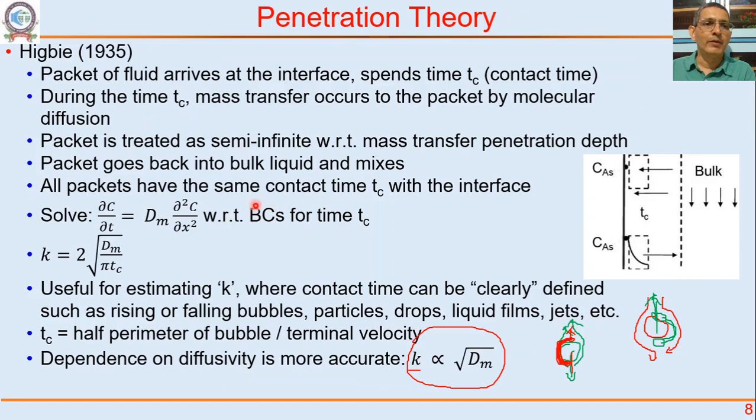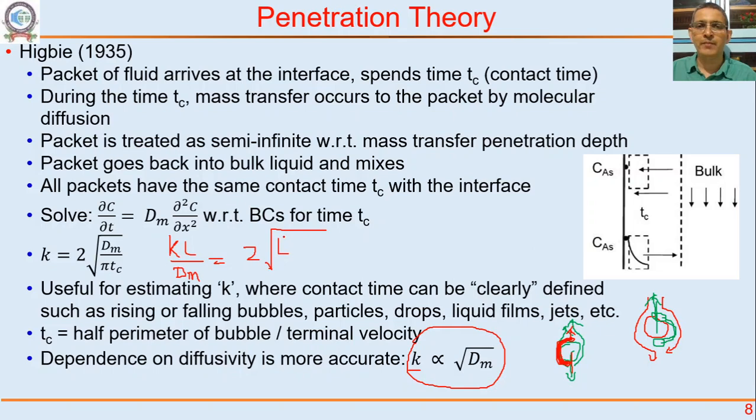If you want, let's go back here. We can make this into Sherwood number. So KL by the molecular diffusivity, or D if you want. I can take this L and dm inside. I have multiplied both sides by L and dm.